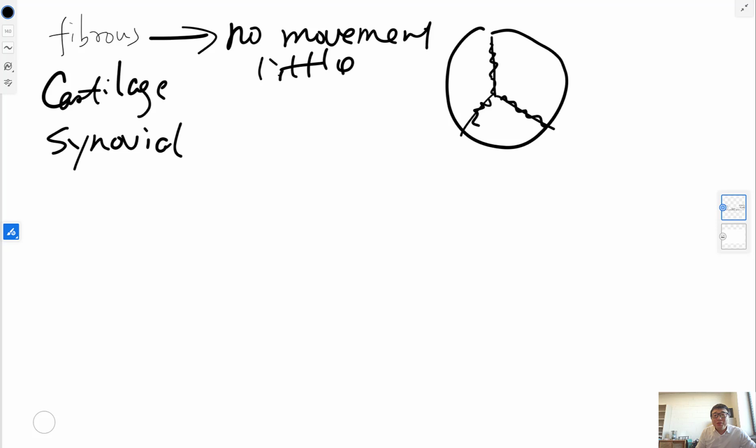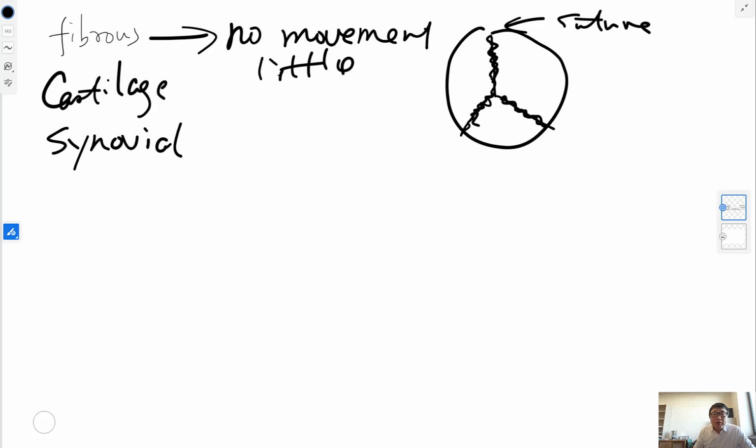The skull bones, frontal and parietal, are joined together by a joint. This is called suture. To be honest, I tried to find out whether suture still exists in adults.